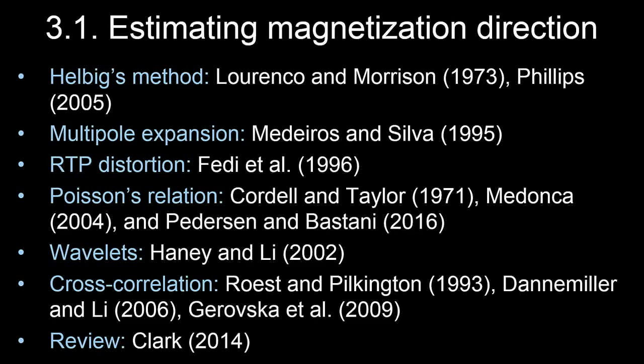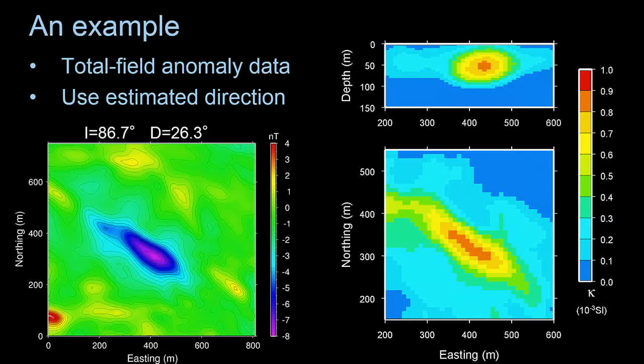So this is a partial list of the references, but the idea is you have an isolated compact anomaly. That's where you can best estimate magnetization direction. Then you put that into any existing susceptibility inversion code by specifying the magnetization direction as the one that's been estimated. Then you go ahead with the inversion and end up with the magnitude of magnetization. Often it's presented as effective susceptibility.